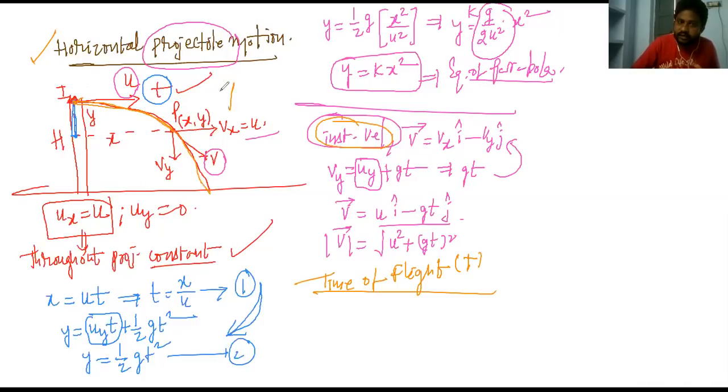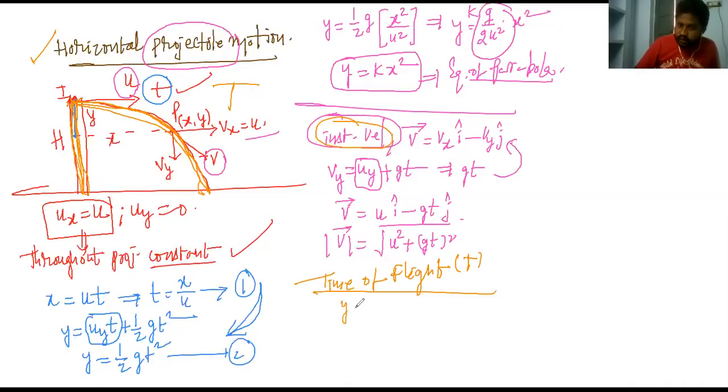The total time is the time of flight. And when it has traveled the total time from here to here, the total vertical distance traveled is h.